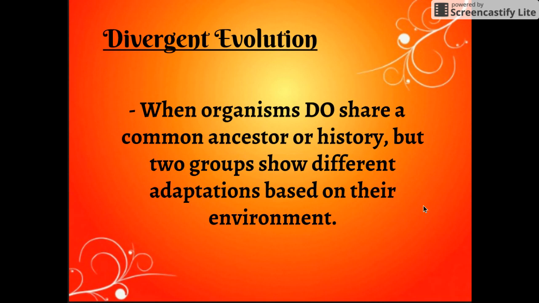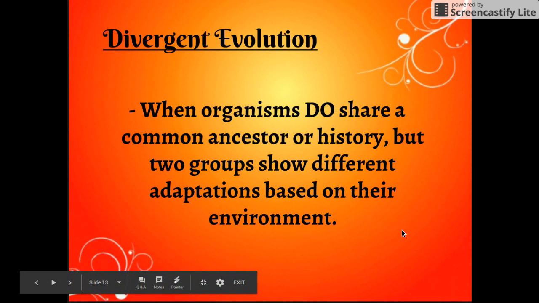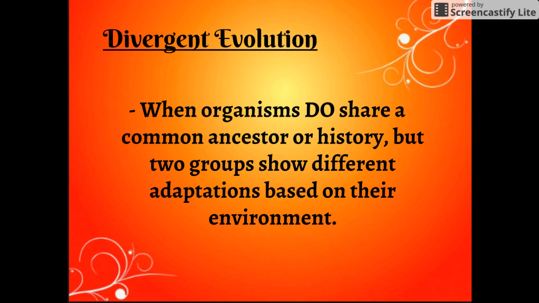Divergent evolution is officially when organisms do share a common ancestor or history, but two groups show different adaptations based on their own environments. This happens a lot, and this was actually something that Darwin first noticed with his finches. So on Galapagos Islands, there were populations of finches, and Darwin noticed, well, they all kind of seem related, but they all have different adaptations.